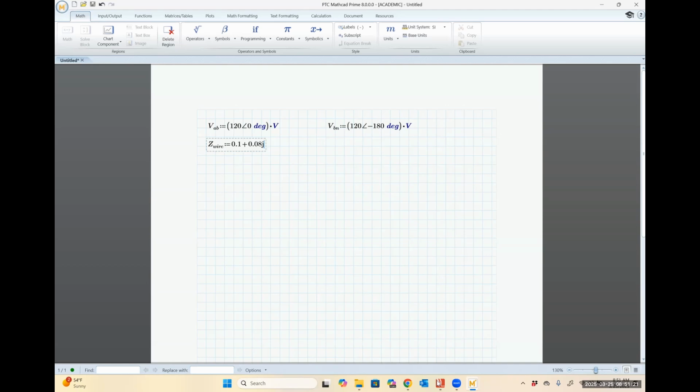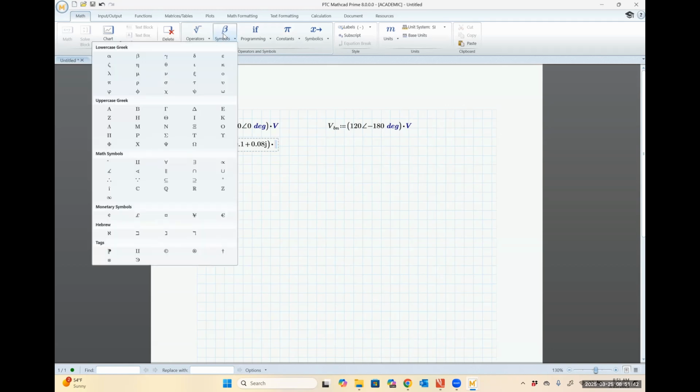If I press the space bar a couple of times, I've highlighted everything, and I'm going to put parentheses around this because it's a complex number. And now I'm going to multiply by the unit of an ohm, okay? So this is another thing where we're going to use a keyboard shortcut, but I want to show you where it's coming from. If I press the symbols key here and go down to uppercase Greek, it tells me that the keyboard shortcut for capital Omega is having a capital W and then pressing Control G. So essentially, this is wildly dumb.